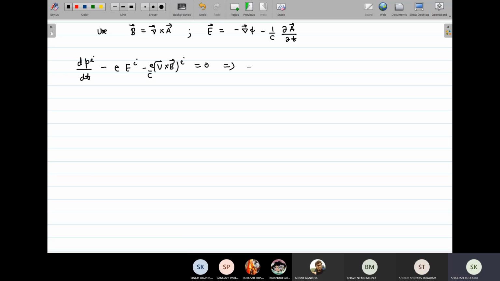So this implies that dPi by dt is equal to E into Ei plus E by C into (V cross B) i. In other words, in the vector notation, dP by dt is equal to E plus E by C.